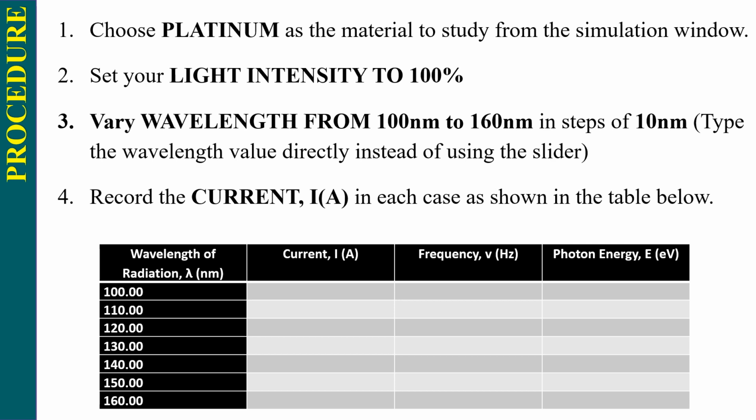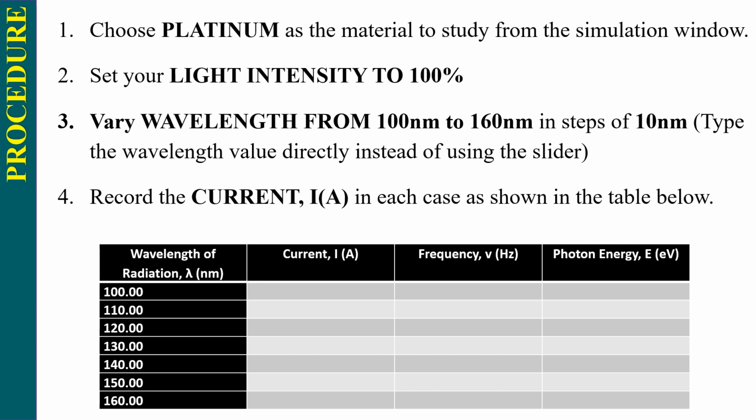Now, this is a procedure that the students are to follow to accomplish this. I haven't been able to gain access to the PhET simulation by the name Photoelectric Effect. In that simulation interface, which I will also display very shortly, the students are to follow the following procedure. Number 1, choose platinum as the material to study from the simulation window. Number 2, set the light intensity to 100%.